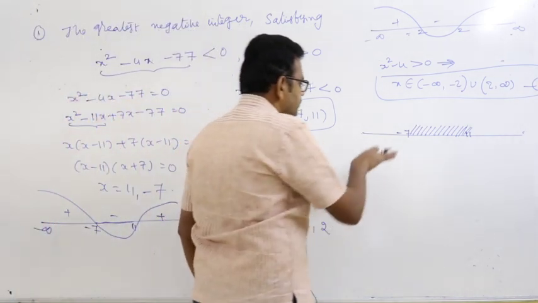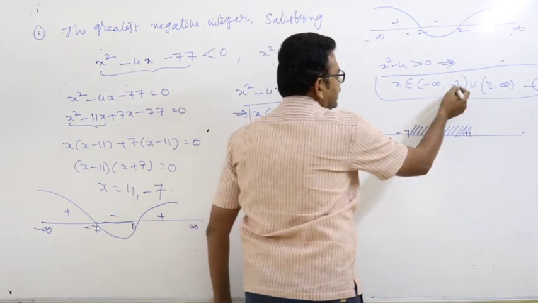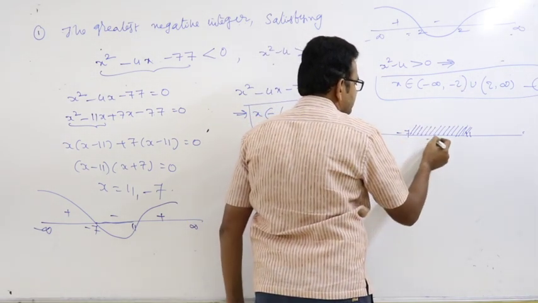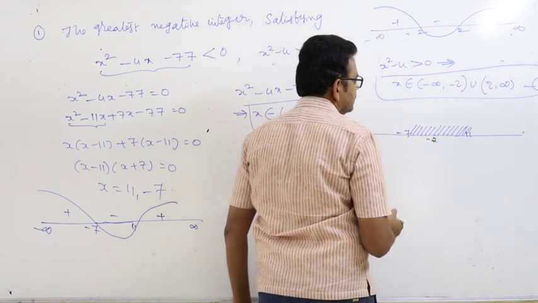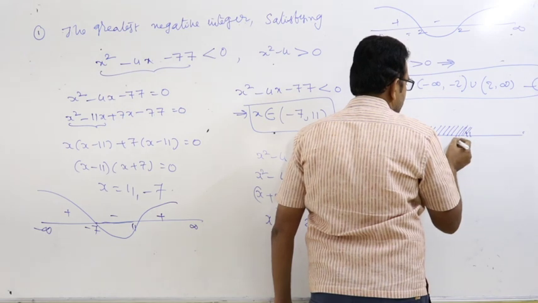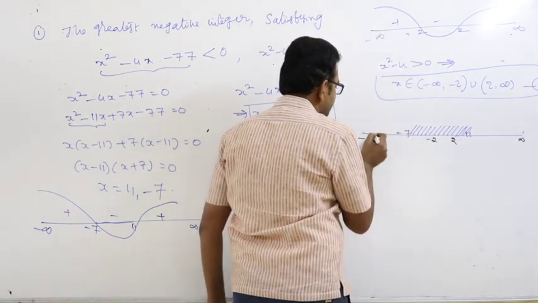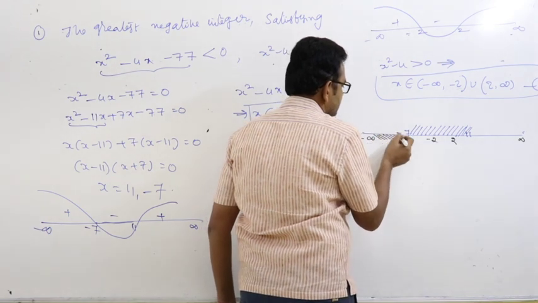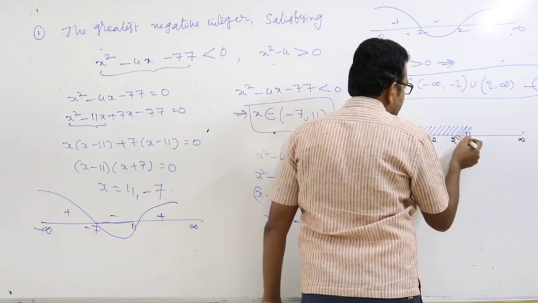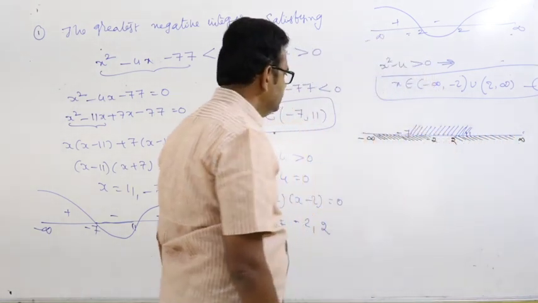Now the second one, you can put the marker below. Minus infinity, minus 2, minus 7, which is greater? Minus 2 is greater than minus 7. So this is minus 2. And next 2 is here. This is 11, this is 2. 2 to infinity. So minus infinity comma minus 2, union 2 to infinity.